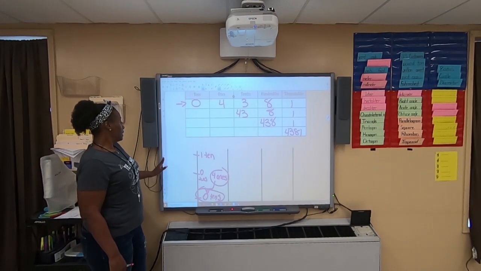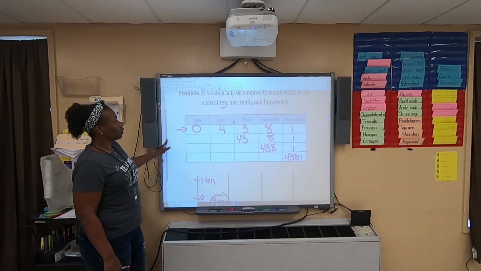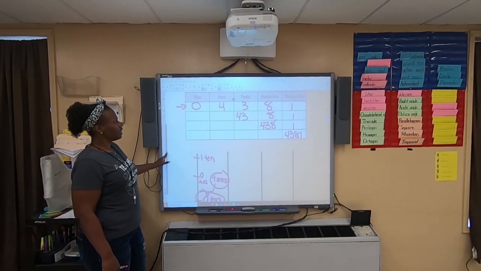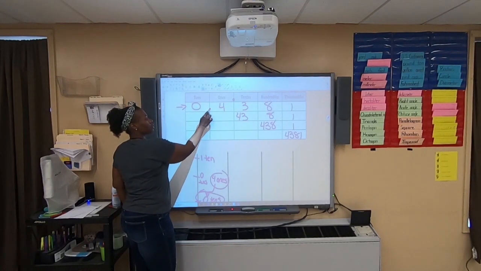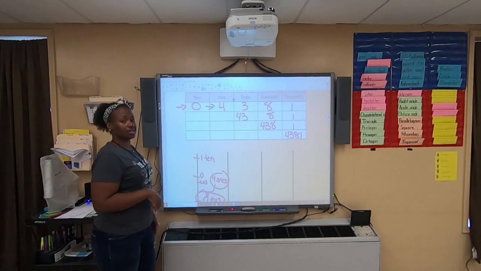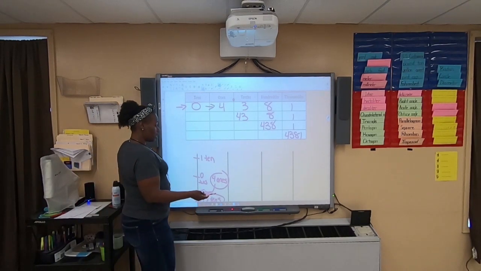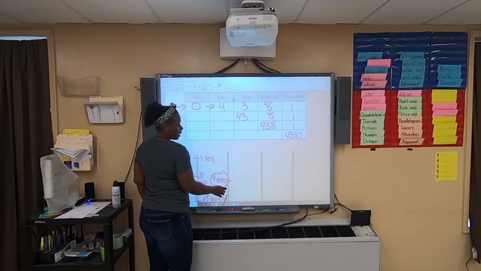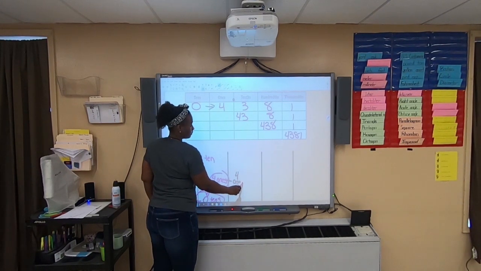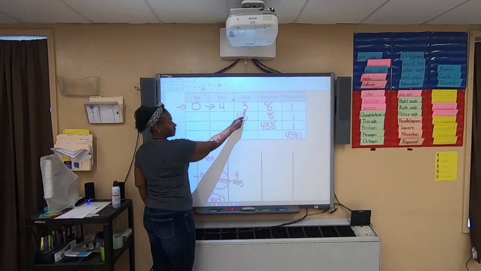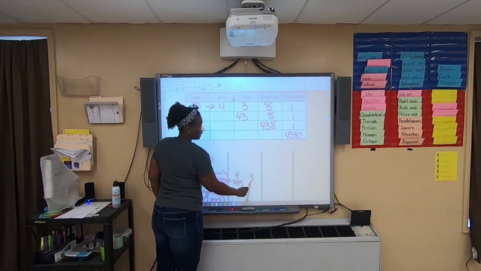Okay. Next, it asks us to round to the nearest 1. So of course, because we're rounding to the ones place, I'm going to start my decomposed sentence with the ones place. So right in the middle, I need to write my 4 ones. And I need that very next unit, 3 tenths.